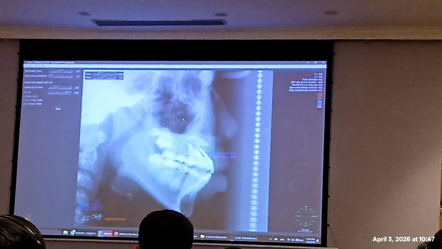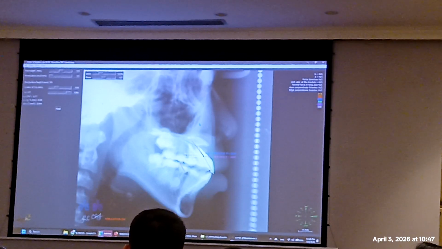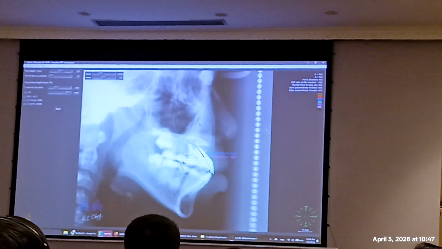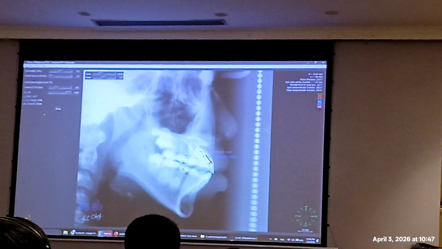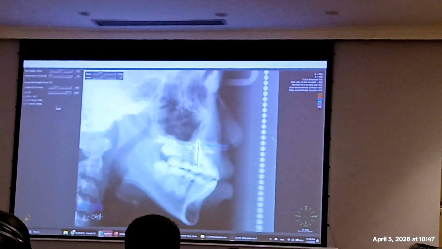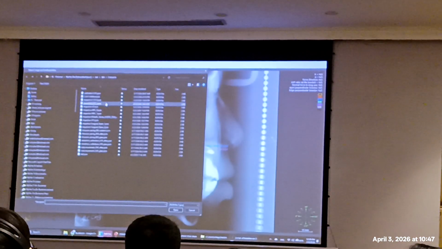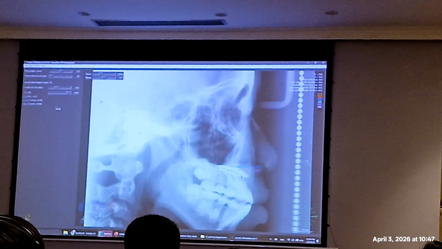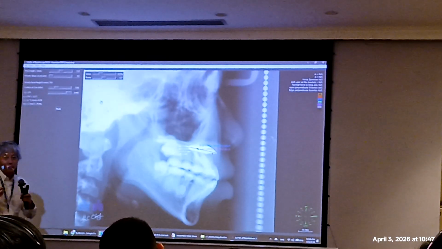So rather than moving the apex directly downward like this, I'll stop the simulation. This is the patient to begin with. And I have to make a plan in 2 stages.